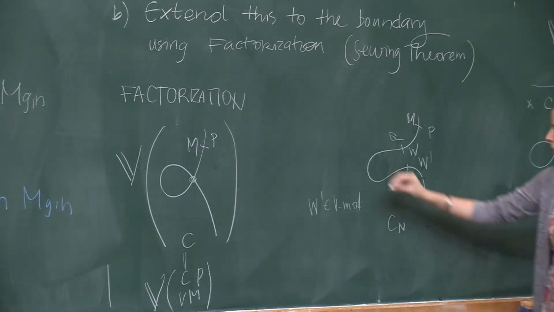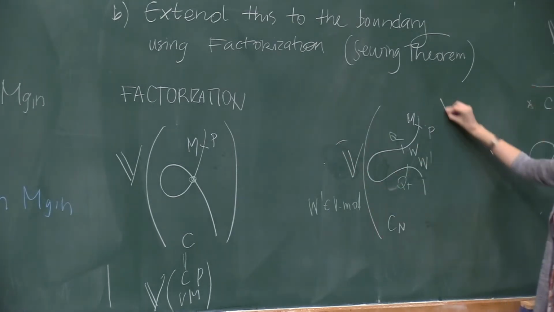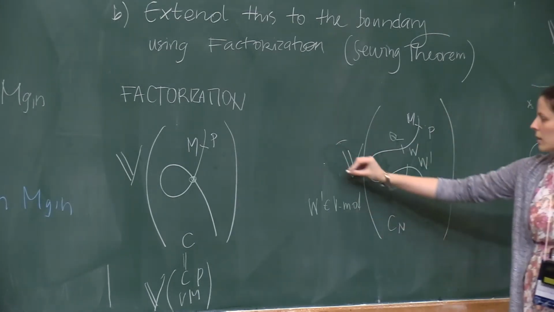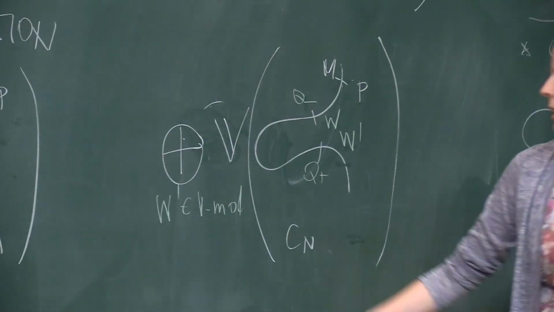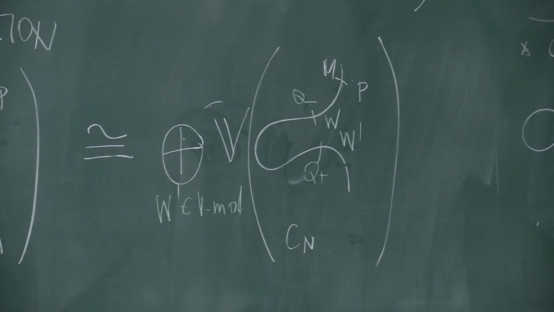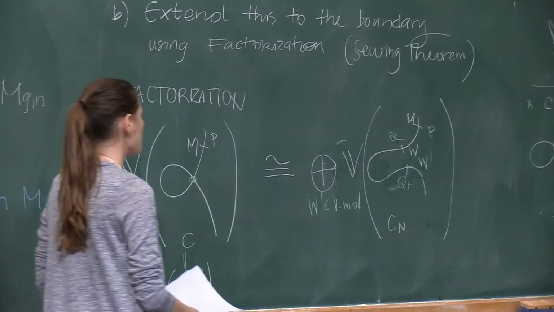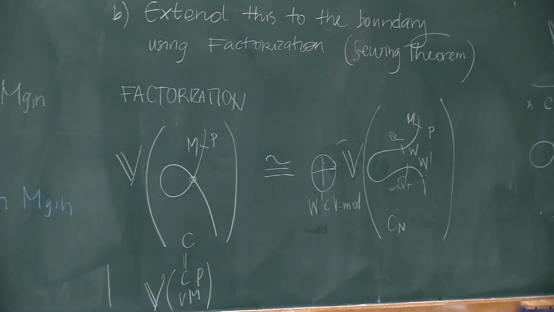And I can take the coinvariants associated with this data, take a direct sum over this space, and factorization tells us that this is an isomorphism. And rationality tells us this is a finite sum.